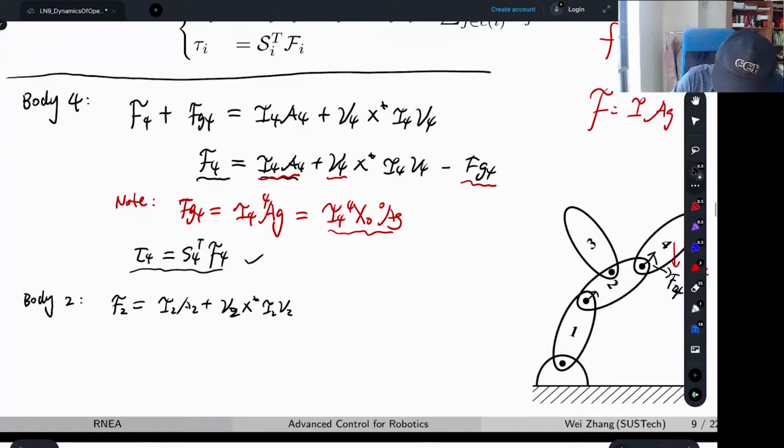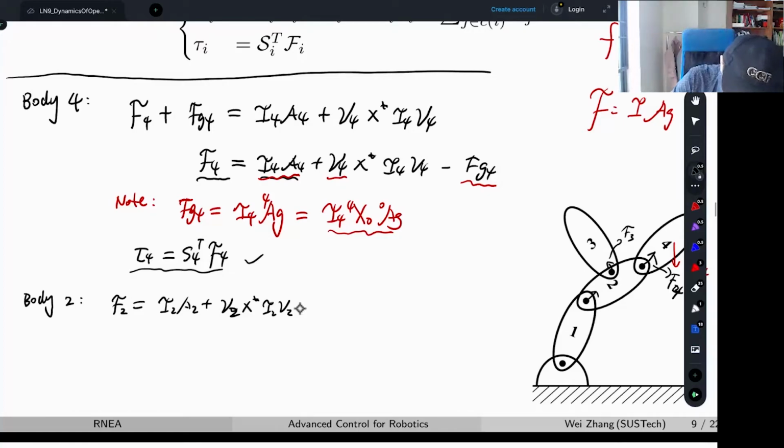That's the motion part. And also this F2 is the force applied to body 2. And you know the force and the reaction force are the same. So the F3 is the force body 2 applies to body 3, right? If body 2 applies a force onto body 3, then body 3 also applies a negative F3 force here, right?